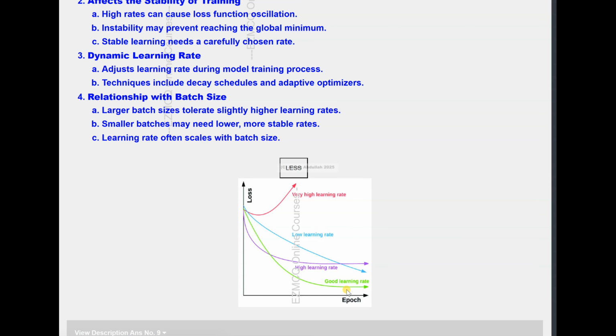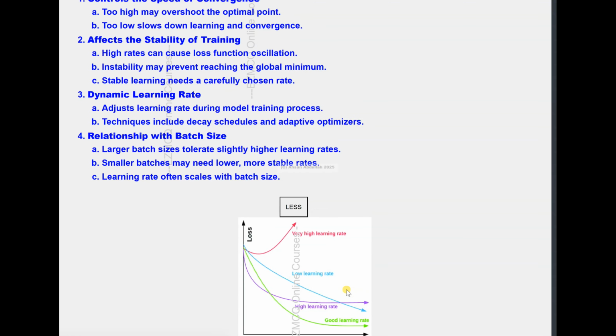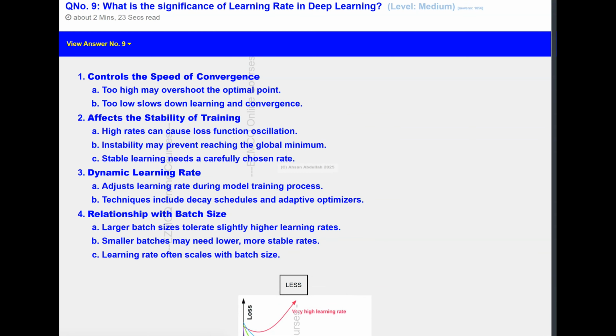So what it does is as follows. It controls the speed of convergence. So basically the learning rate determines how large each update step is going to be during the training.